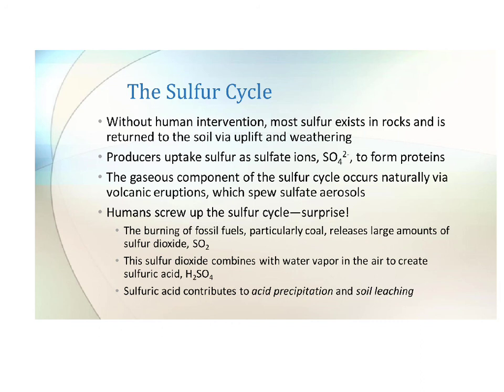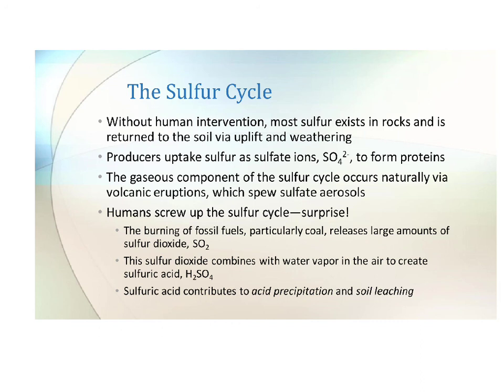But again, humans come along and they screw up the sulfur cycle. So how do we do it? The burning of fossil fuels is the main way that we do it. The burning of fossil fuels, particularly coal, releases huge amounts of sulfur dioxide. The sulfur dioxide combines with water vapor in the air, and it creates sulfuric acid, H2SO4.